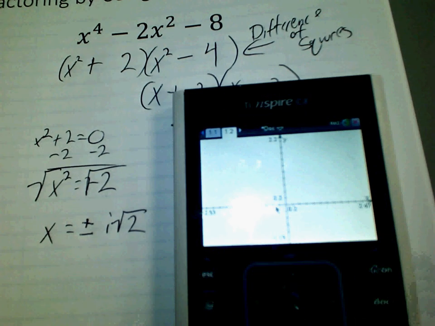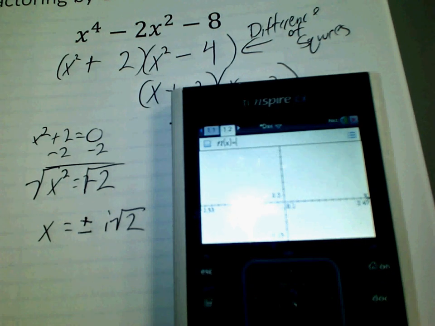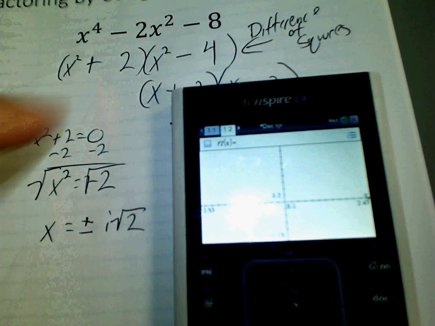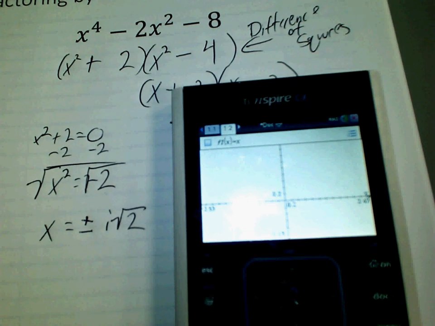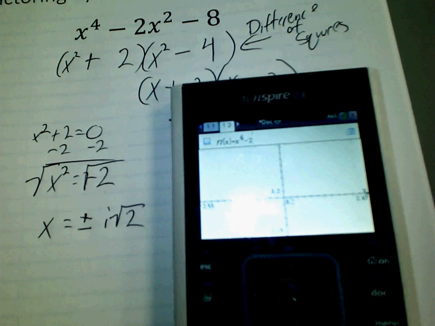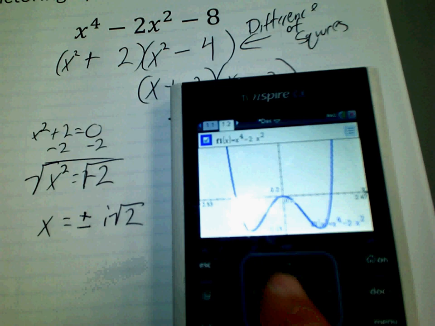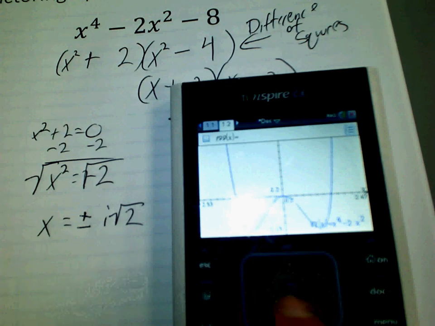Let's add this function right here: x to the 4th minus 2x squared minus 8.